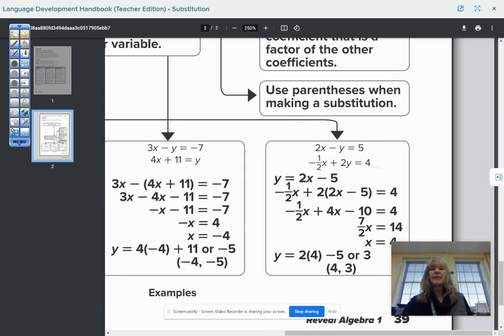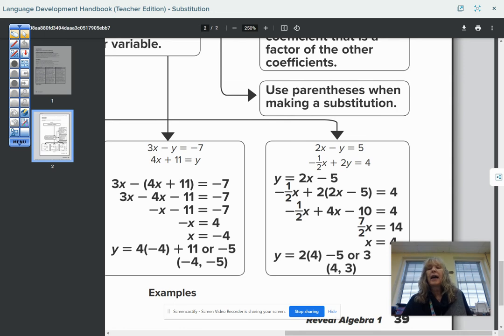So in this case, you know that 2x and 1/2 x are a coefficient. There's nothing there that tells you y equals something or x equals something, but you notice that -1/2 and 2 are coefficients of each other.